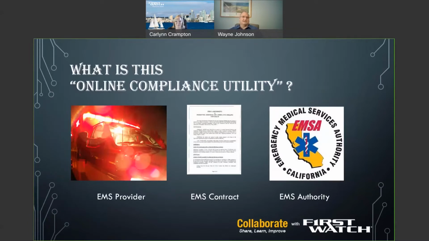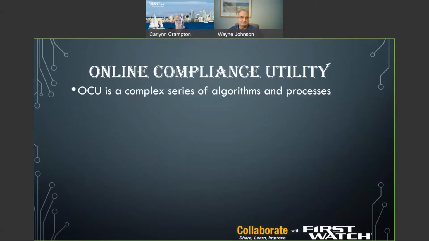So what is this online compliance utility module? Well, what it is, it takes the EMS provider's contract, their contract with their authority, whether it's the county, the state, a city, a fire department, a third service, and we take that EMS contract and we actually put it into this utility to adjudicate calls.